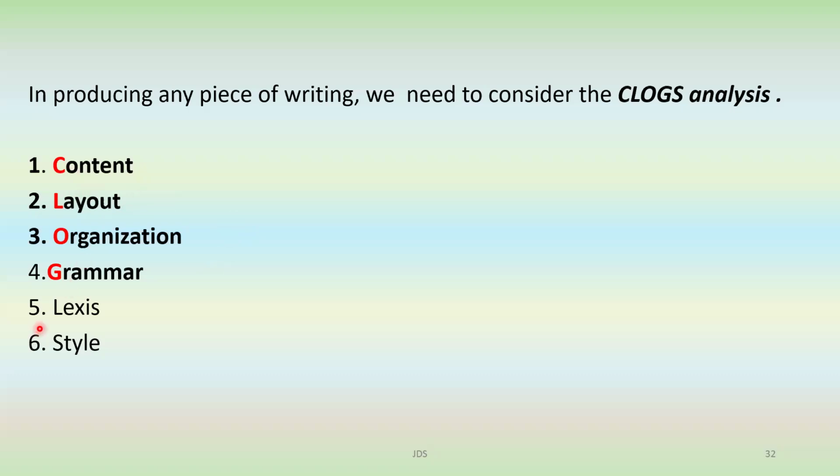Then comes two more, that is lexis, connected to language, using different styles of language. So what are the appropriate word choices that the writer or maybe the learner can use according to the situation? And also the style of writing.